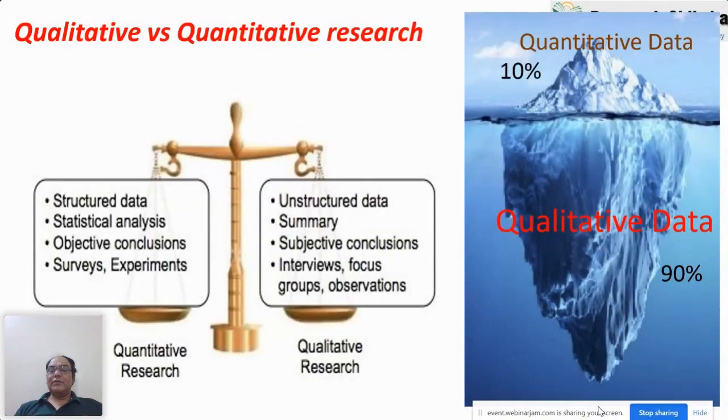Another thing which I observe is that if you write a paper on quantitative, it takes a lot of time and the rejection rate is also very high. But if you write a paper on qualitative, because very few people have expertise in qualitative data, it may be possible that you can publish your paper with good speed.